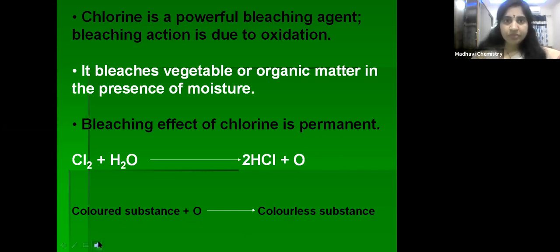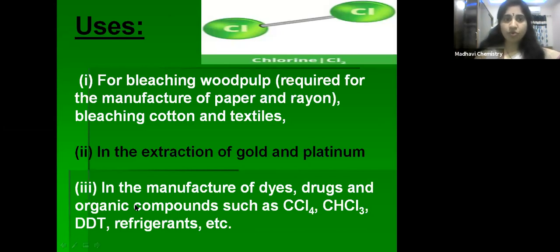Okay. Next one is the uses of chlorine. For bleaching wood pulp, required for the manufacture of paper and rayon. In the wood pulp industry, chlorine is used as a bleaching agent because it converts colored substances into colorless substances because of nascent oxygen.